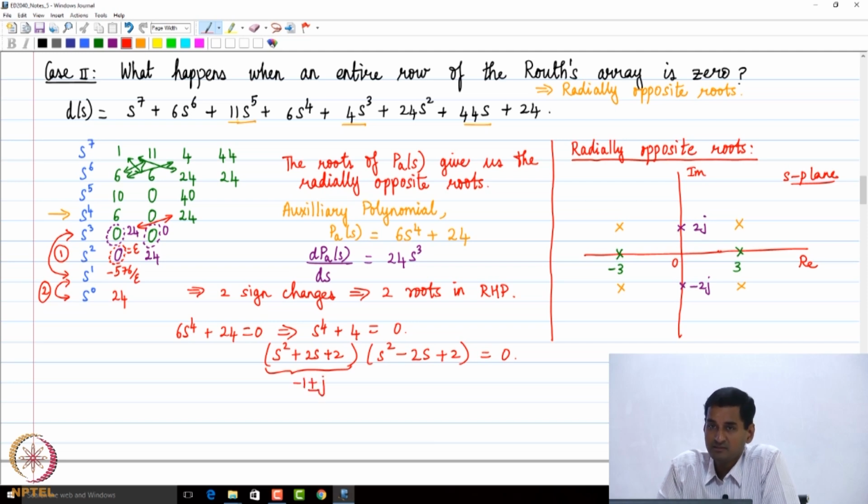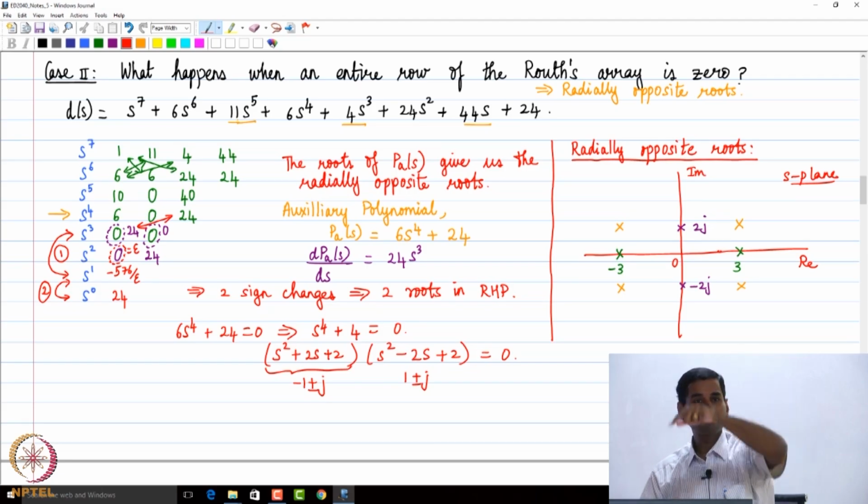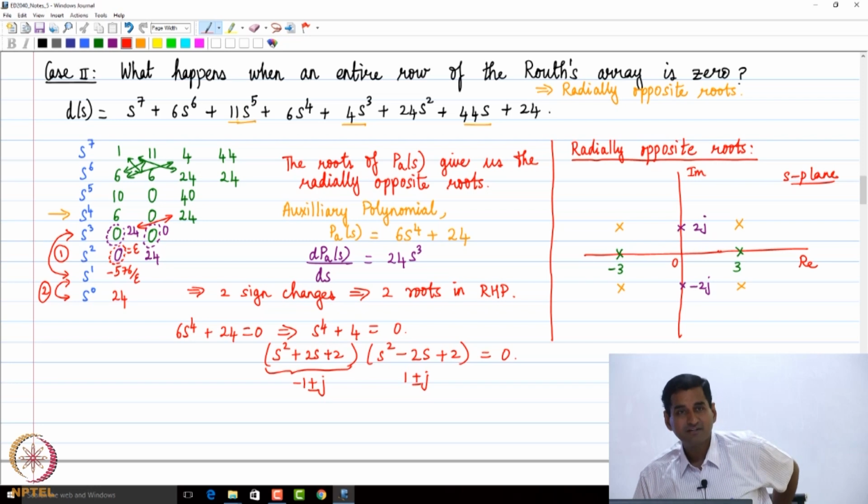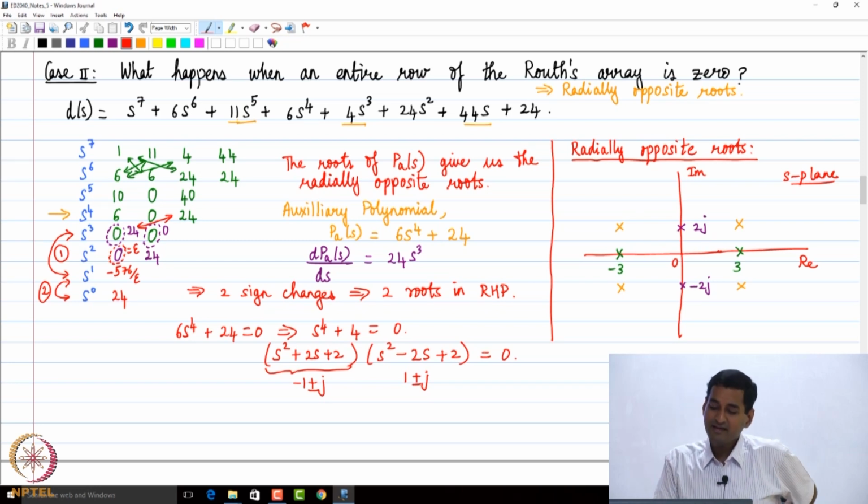Minus 1 plus or minus j, and plus 1 plus or minus j. So you see that we have 4 roots at plus or minus 1 plus or minus j, which form a radially opposite set. That's why we have this sort of array.